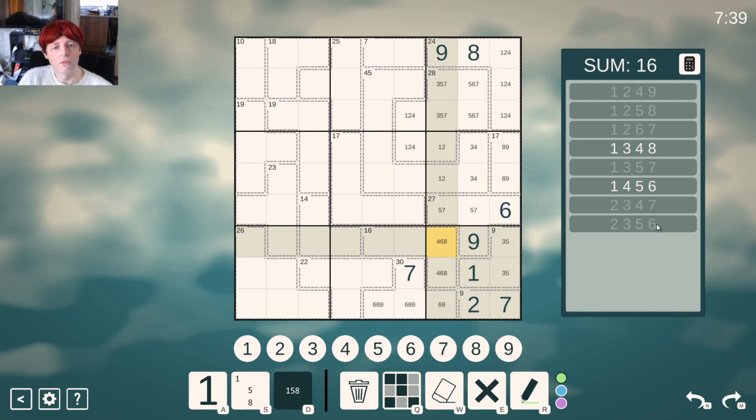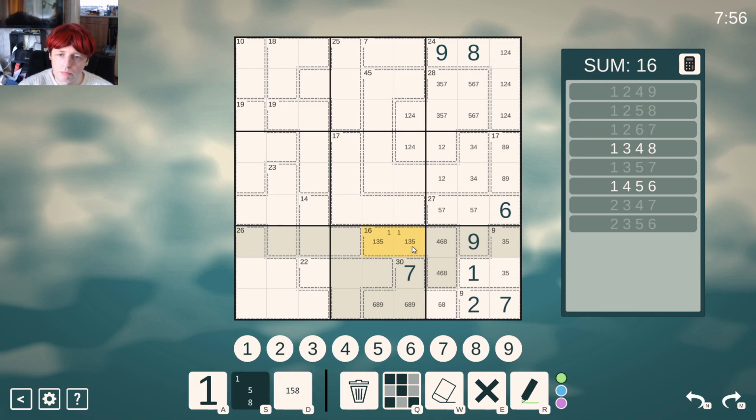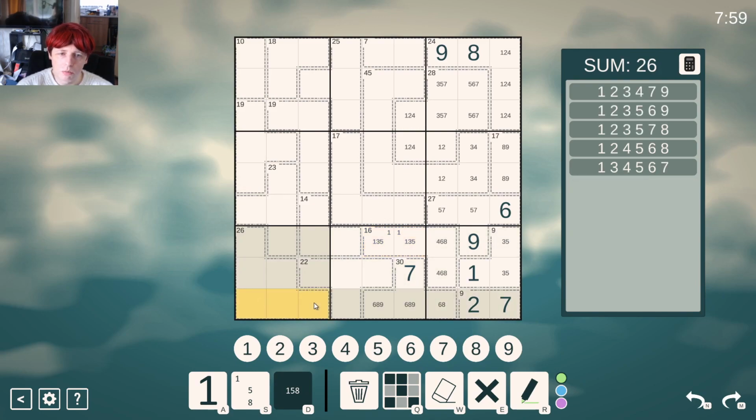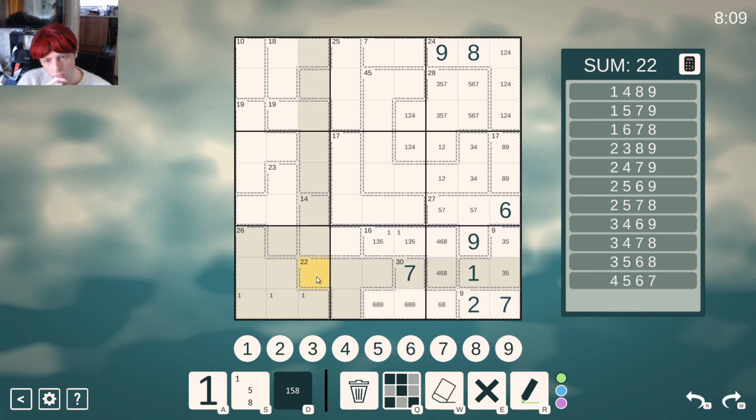One, 3, 4, 8. Or 1, 5, 4, 6. So there is a 1 and a 3 or a 5. One of these is a 1. Can't have 7 in there. That rules out a good few of them.